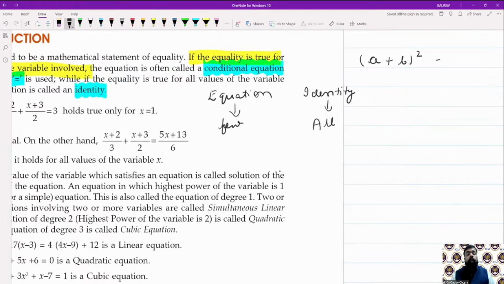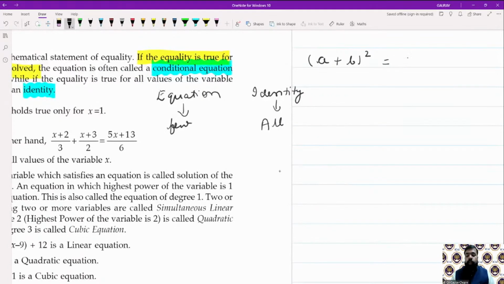A plus b whole square is equal to a square plus 2ab plus b square. So let's say if we put here 10 plus 3 and then whole square, it will give us 13 square, that is 169.